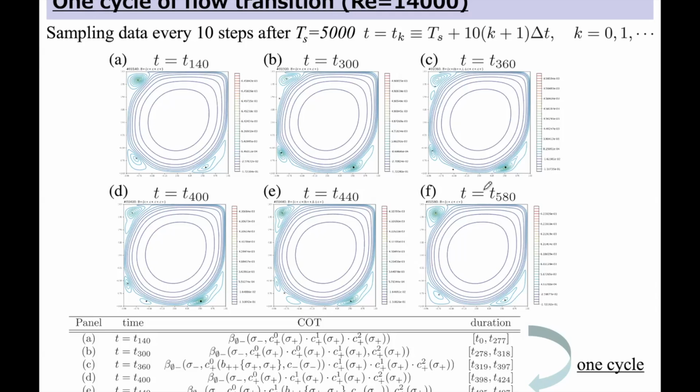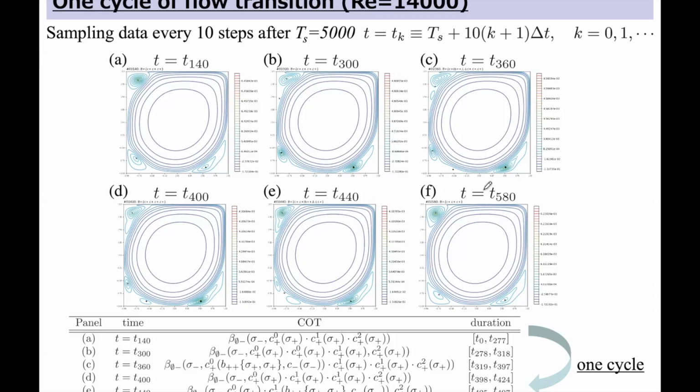So these are 6 panels with different topological features. We are going to observe how this topological structure changes as time goes on. This table shows the change of the COT and topological mode. For the time from T0 up to T277, we have the COT representation, which is equivalent to that at T equals 140. Here you see 3 simple topological modes, C plus 0, C plus 1, and C plus 2.